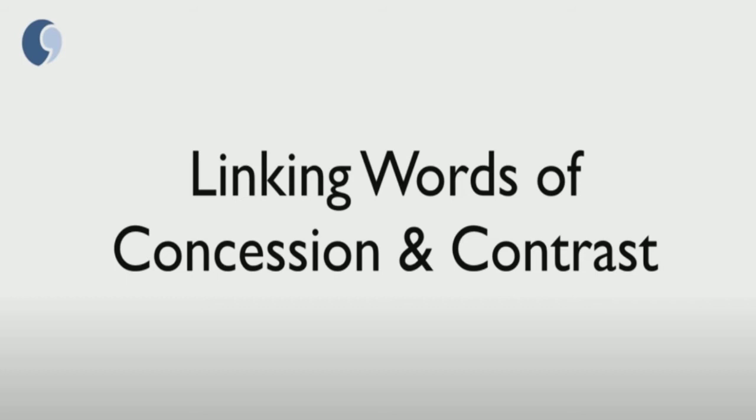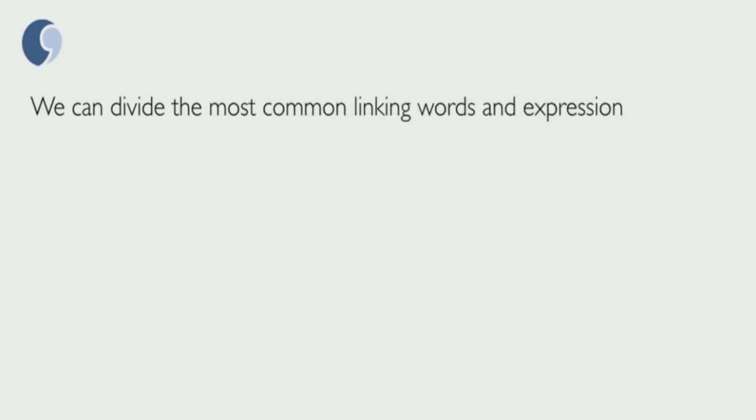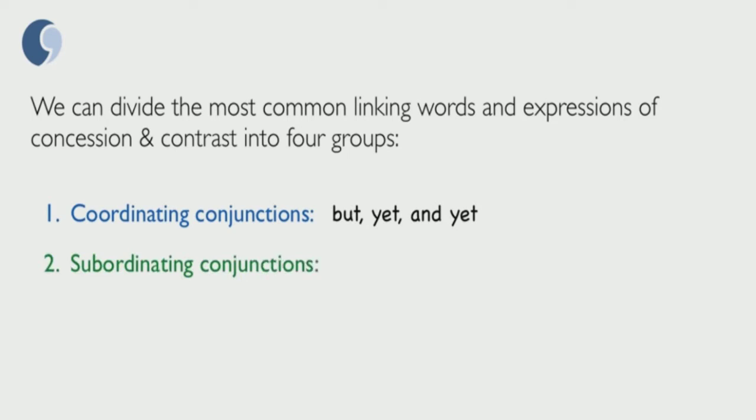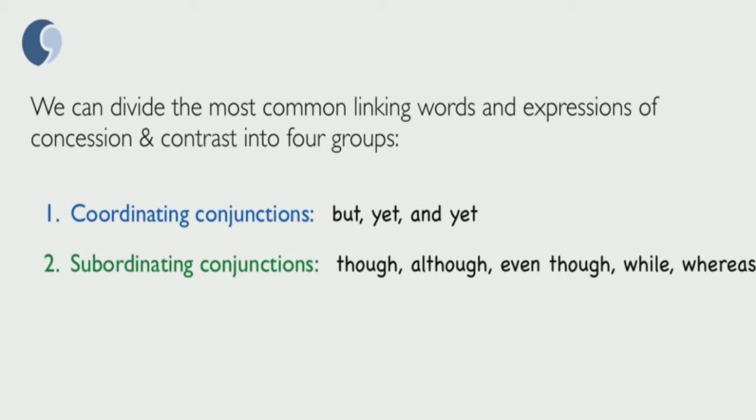Linking words of concession and contrast. We can divide the most common linking words and expressions of concession and contrast into 4 groups. Firstly, coordinating conjunctions: but, yet, and yet. Subordinating conjunctions: though, although, even though, while, and whereas.